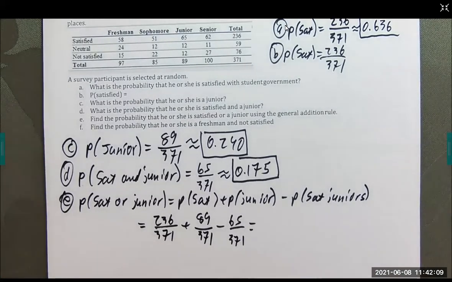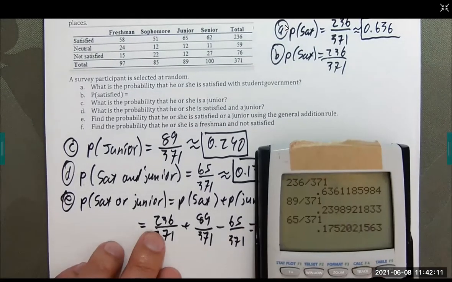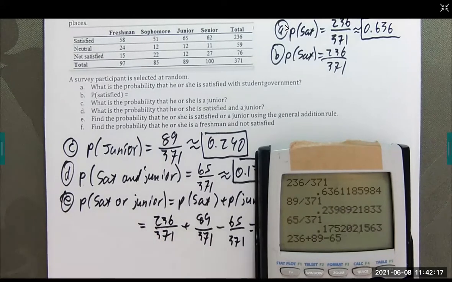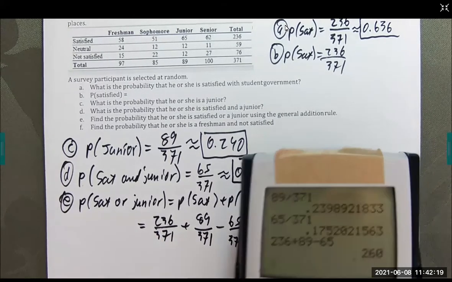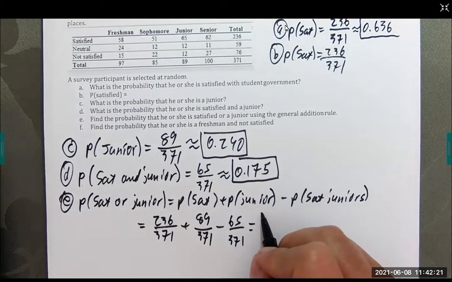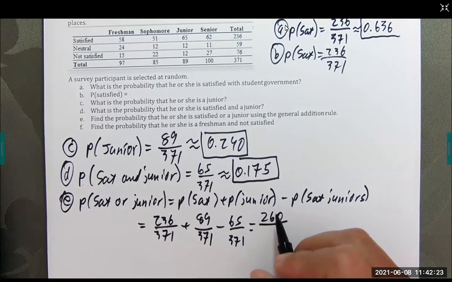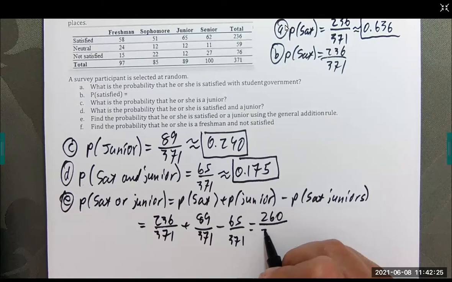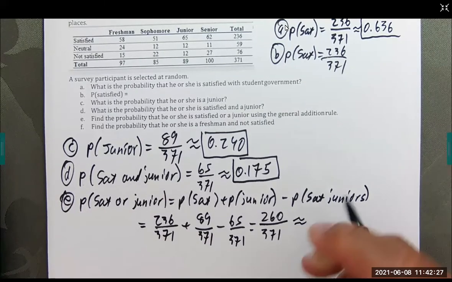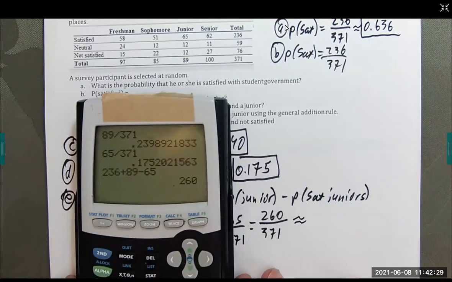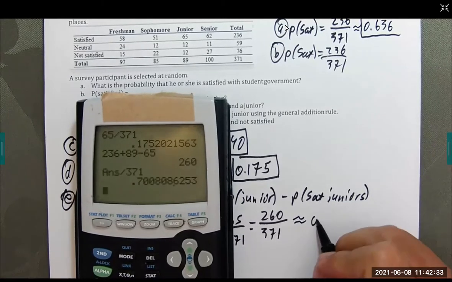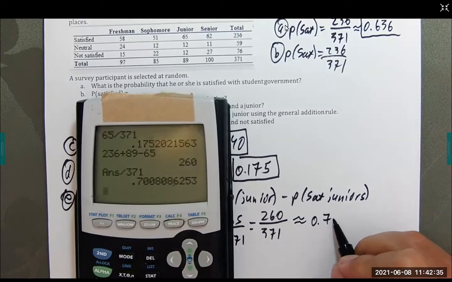Let's see what we got. 236 plus 89 minus 65 out of 371. All right, so we got about 70%, 0.701.